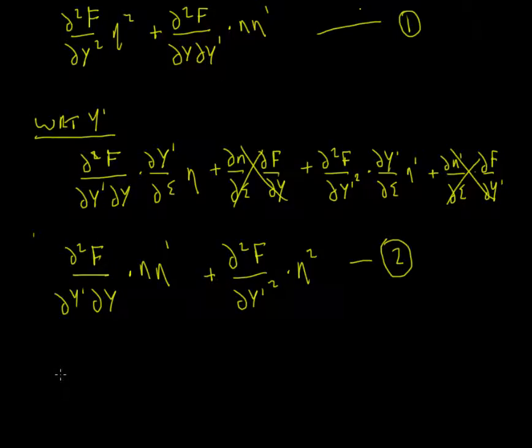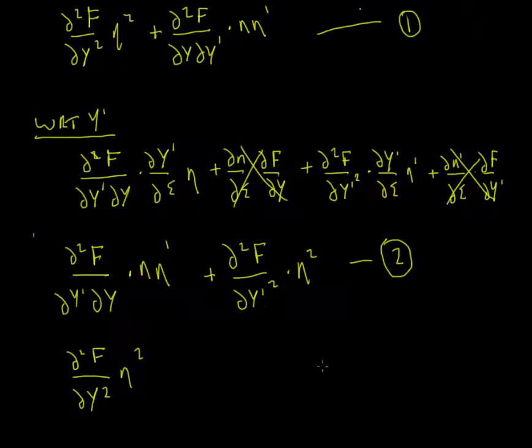So we're going to end up with partial squared f upon partial y squared, which is from this term here, times eta squared, so that term is done.